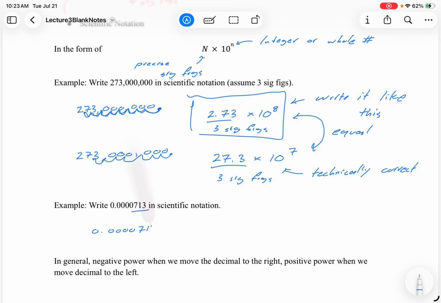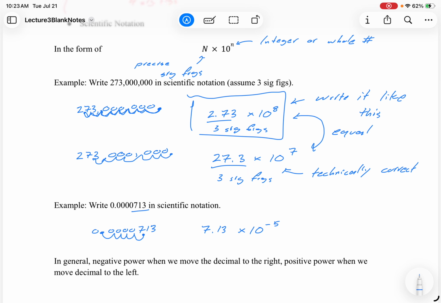0.00000713 in scientific notation. You're already given a decimal place, so start where the decimal place is at. And again, we want it in this format, so just keep that in mind. Let's go ahead and do it. 1, 2, 3, 4, 5. 7.13 times 10 to the negative 5, right?